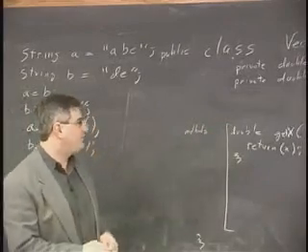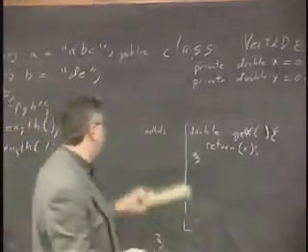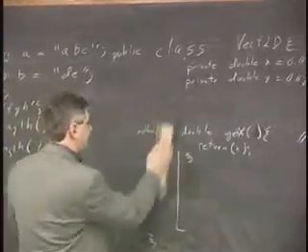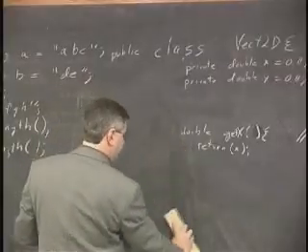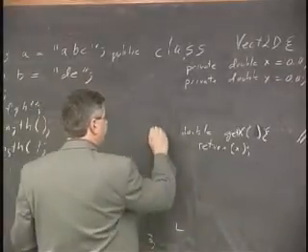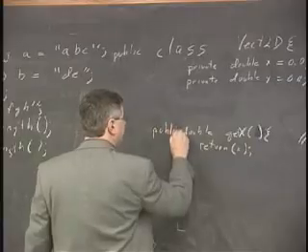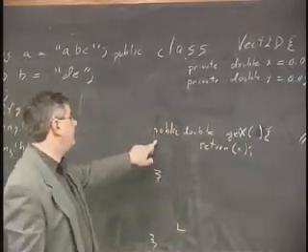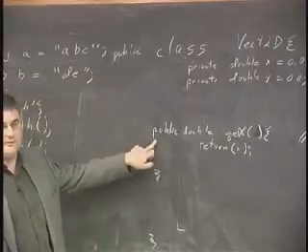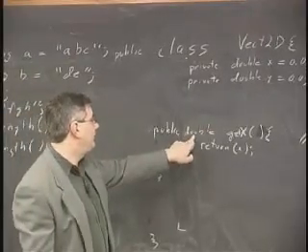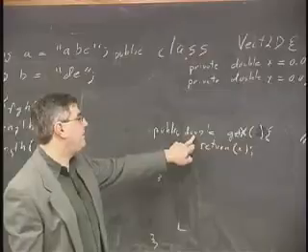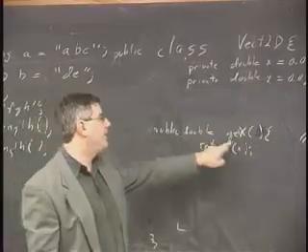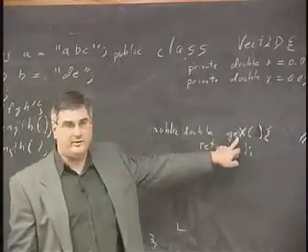I'll just use that term all the time. This one we're going to declare public. So public says that anybody can call this method. Double says that this method is going to return us a double. GetX is the name of the method.